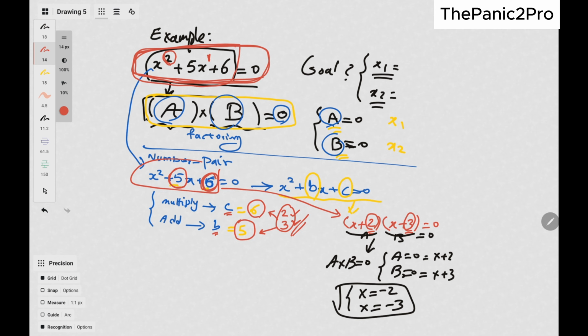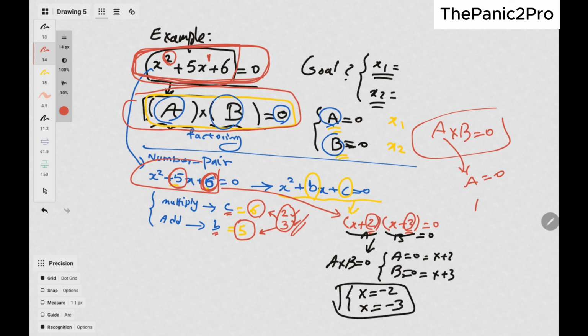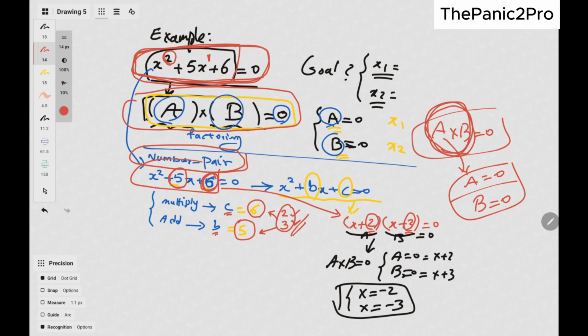So what is the goal? The goal is to transfer that into a form where a multiplied by b is 0. Then from here, a is 0 or b is 0, and we find the roots. But how we get to this is the number pair method.